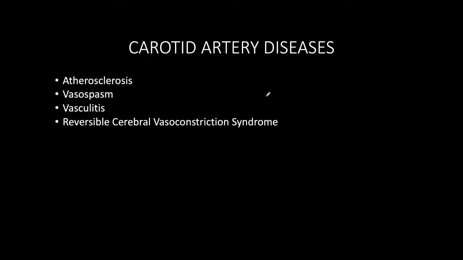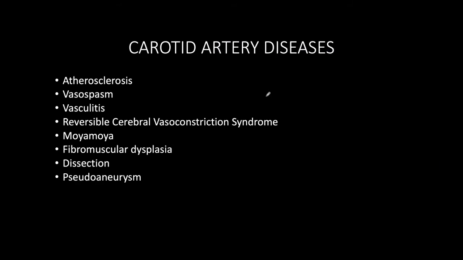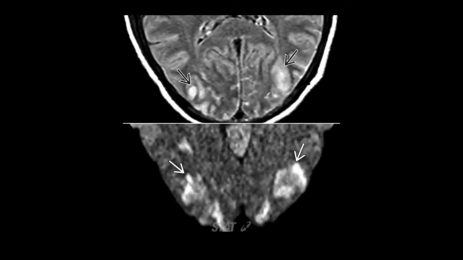And then you have the reversible cerebral vasoconstriction syndrome, Moyamoya, FMD or fibromuscular dysplasia, dissection, which can cause ischemia and the stroke, pseudoaneurysms, they can throw off emboli, and there is carotidynia, Takayasu arteritis. So there are many things that the carotid arteries can have, which can end up in an ischemic insult. So we're going to go quickly over some of these cases.